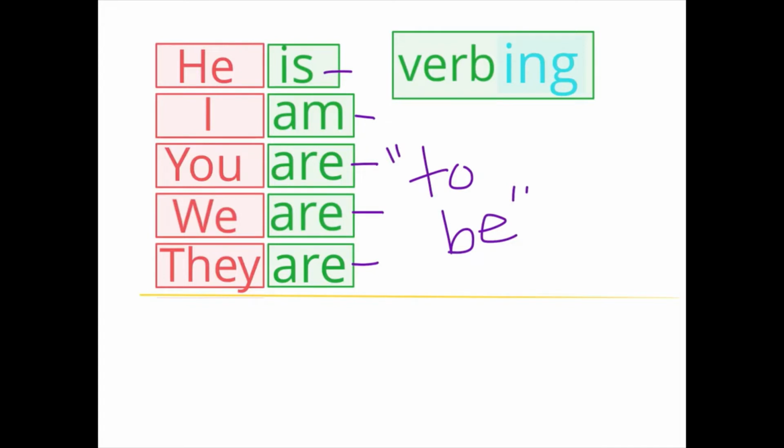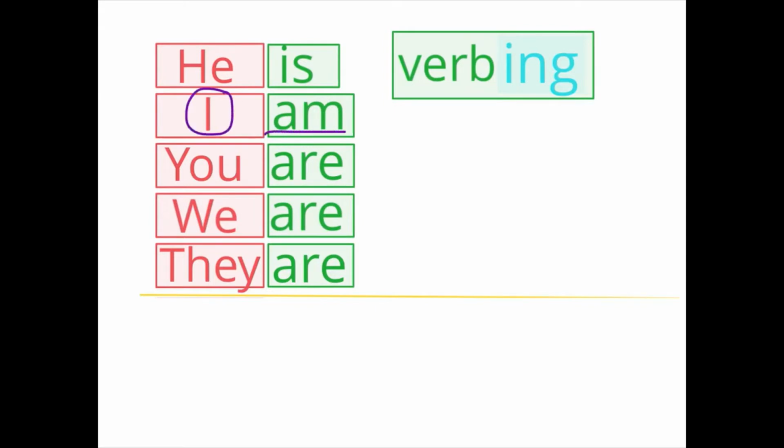So if the subject is just one person, place, or thing, and it's not I and it's not you, then we want our verb to end with the letter S. And so we use the word is. I is a special subject, and this will always have the verb am to be our to be verb. And everything else uses are. So if it's more than one, it will always be are.